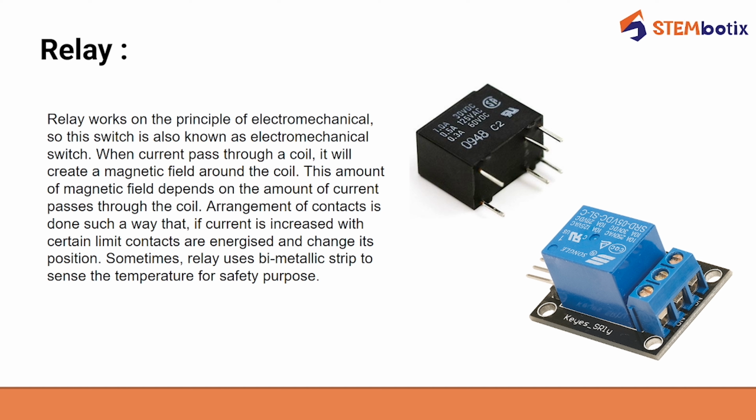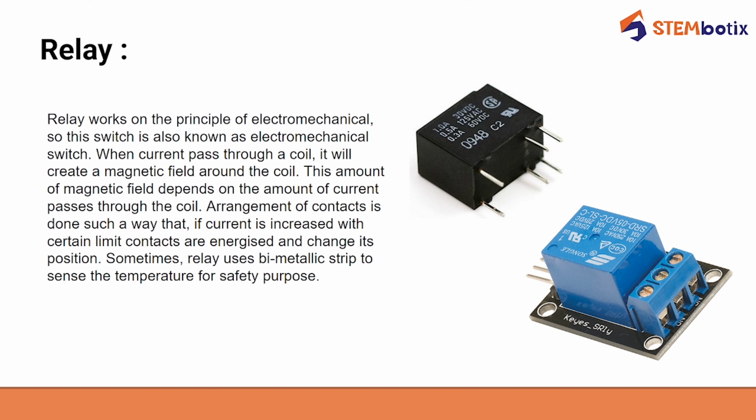So the internal mechanism works such that if the current is increased beyond a certain preset value, then the contacts are energized, and these energized contacts change their position from normally open to normally closed, or normally closed to normally open.